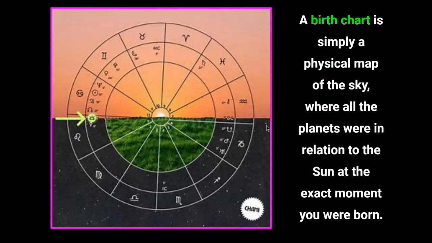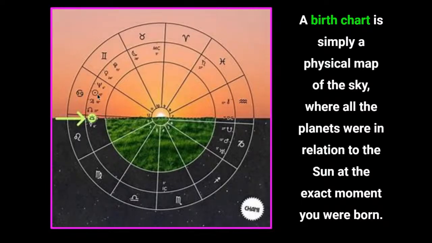Moving ahead. So a birth chart, as I said, no pressure. Relax, everyone. A birth chart is simply a physical map of the sky where all the planets were in relation to the sun at the exact moment you were born. We have the sun here in the center on the horizon, which is this line here in the sky, and on the chart, the sun is represented here.